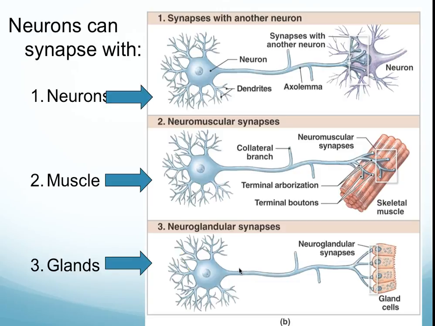So, when these neurons form a neuroglandular synapse, when this neuron excites this tissue, we're going to have the release of whatever that gland releases, okay? And in our example, sweat, okay? So just a few different ways that neurons can behave and how they can synapse.